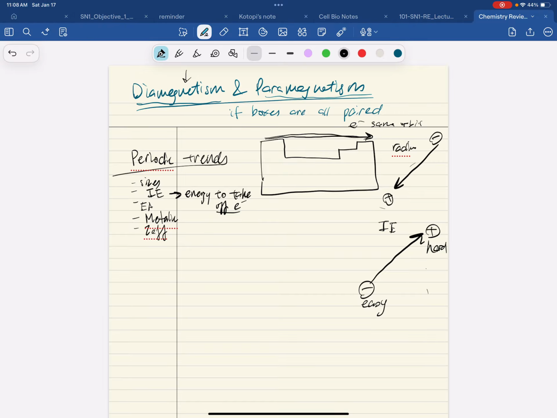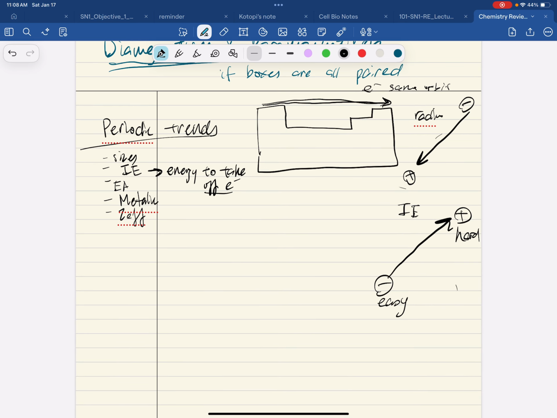Noble gases are ones with fully paired, fully boxed electrons. All the boxes are fully paired and there's no box that is single or empty. That's ionization energy.